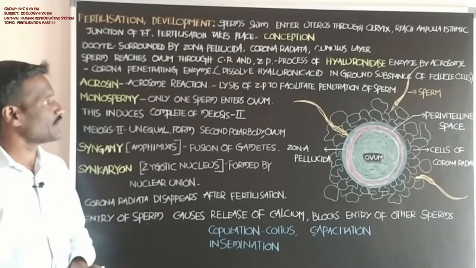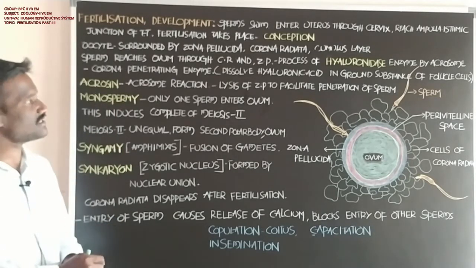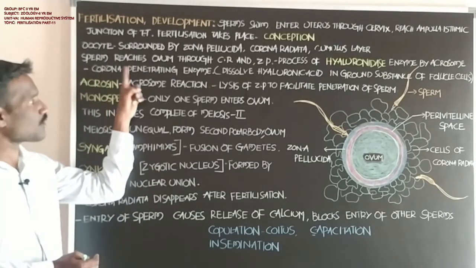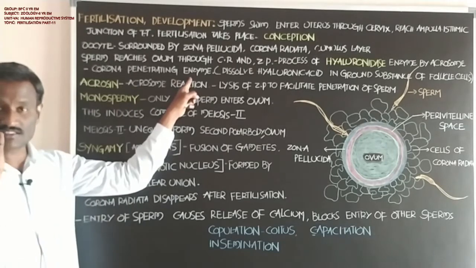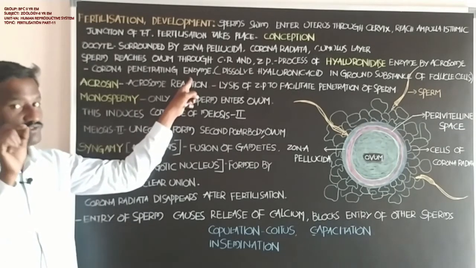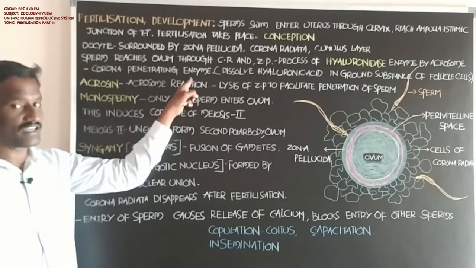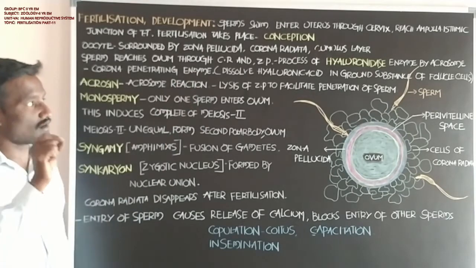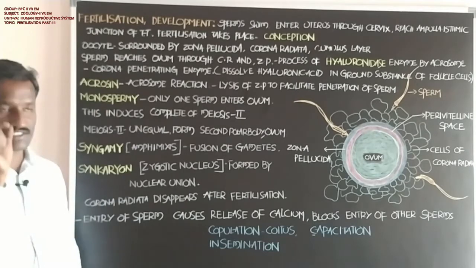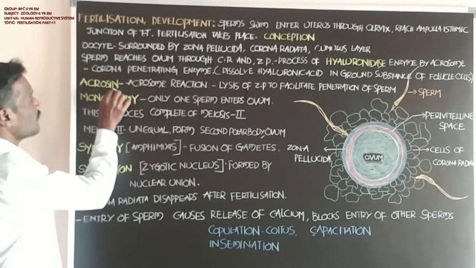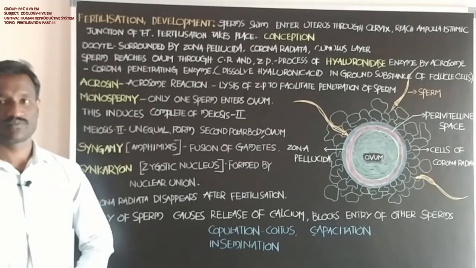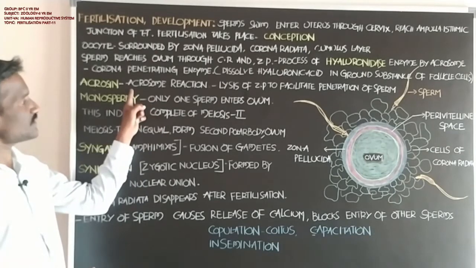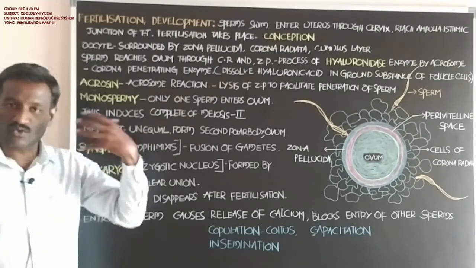Hyaluronidase is also called the corona penetrating enzyme. It dissolves the hyaluronic acid present in the ground substance of the follicle cells. Next, students, what about acrosin? Acrosin shows the acrosome reaction.